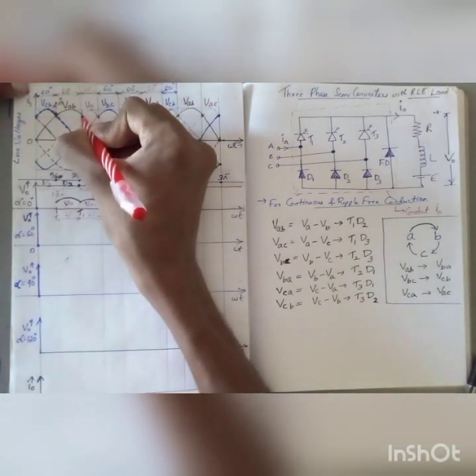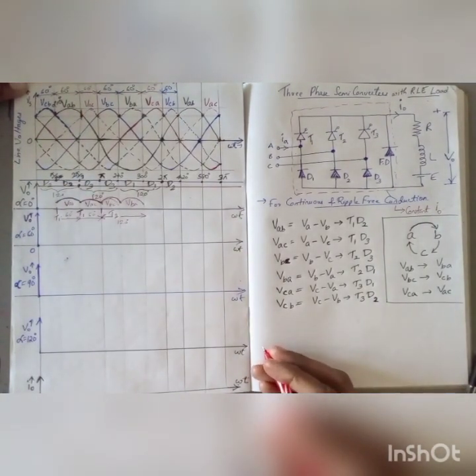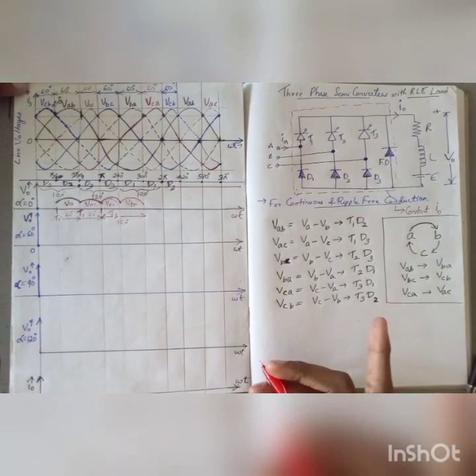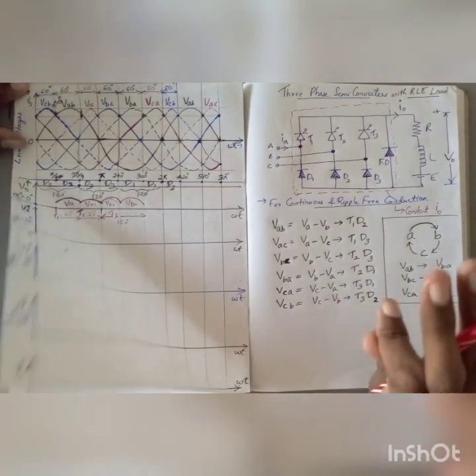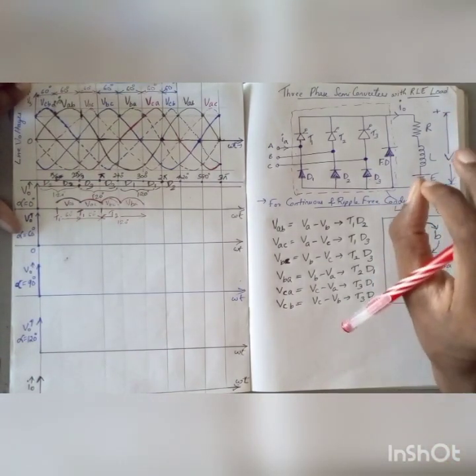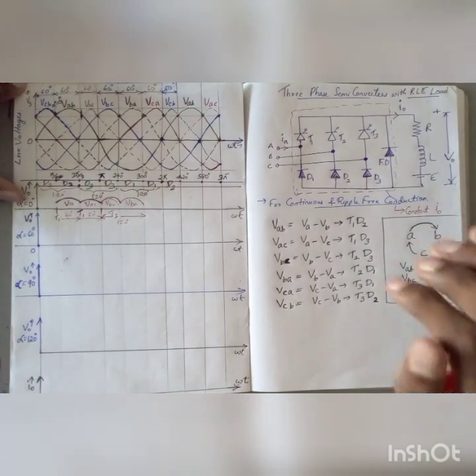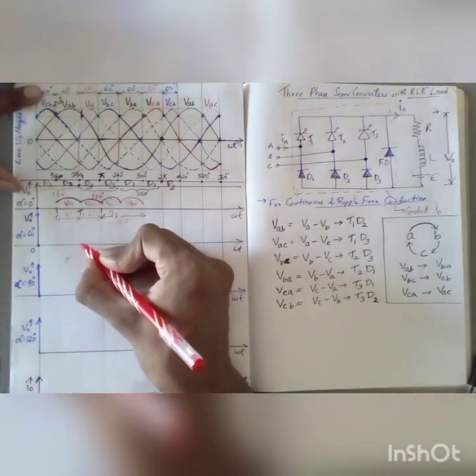From alpha is equal to 60 degree onwards, which thyristor I have to trigger first? T1. So keep that in mind. First I will be triggering T1 only. So T1 is triggered at alpha is equal to 60 degree, means at omega t is equal to 120 degree, T1 is triggered.